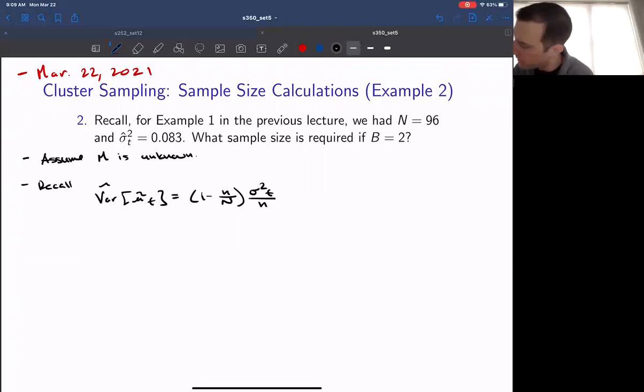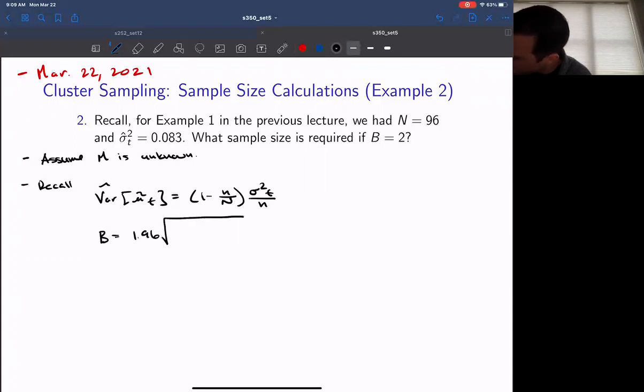Okay, so our bound is equal to 1.96 multiplied by the square root of 1 minus little n over capital N times sigma squared t over little n.